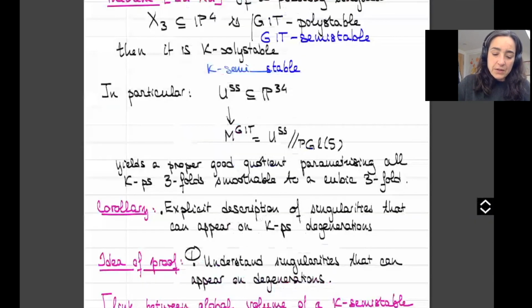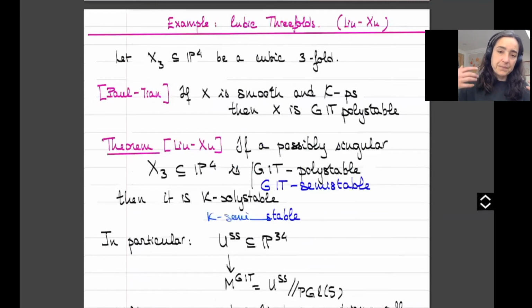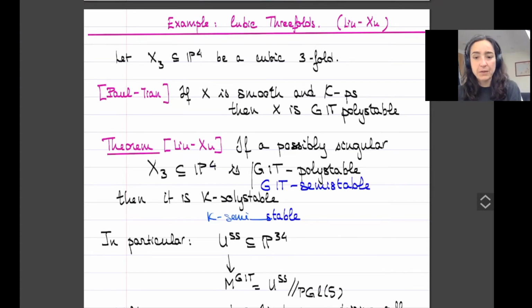Okay, so in a sense, this is an indication of what could work for a lot of hypersurfaces, where you hope to be able to use similar ideas, where Paul and Tian's results will still hold and tell you that something which is K-polystable is going to be GIT polystable, and where you hope to be able to go back the other way by a careful study of local singularities.